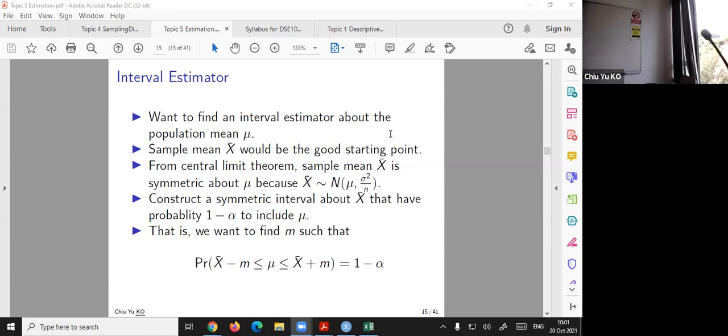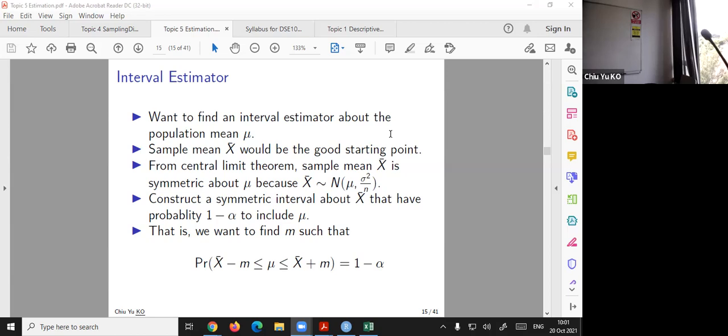Now, this is a normal distribution. We want to say that X bar, plus and minus M, would include mu.